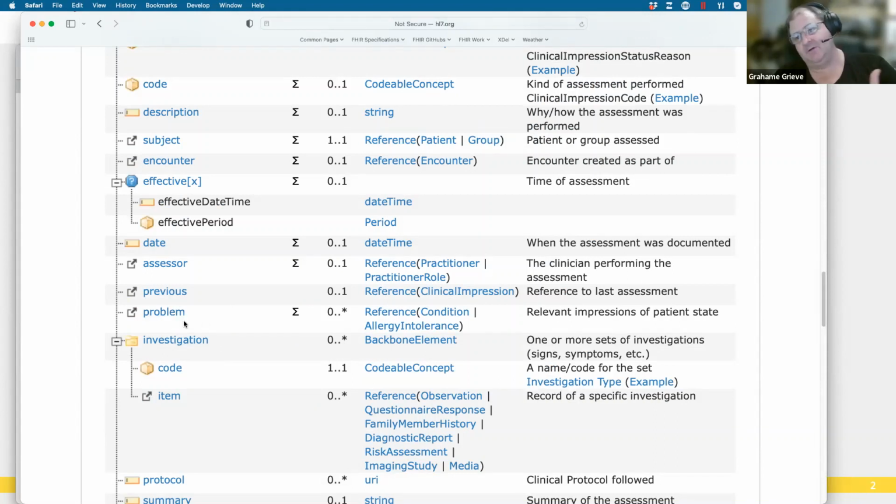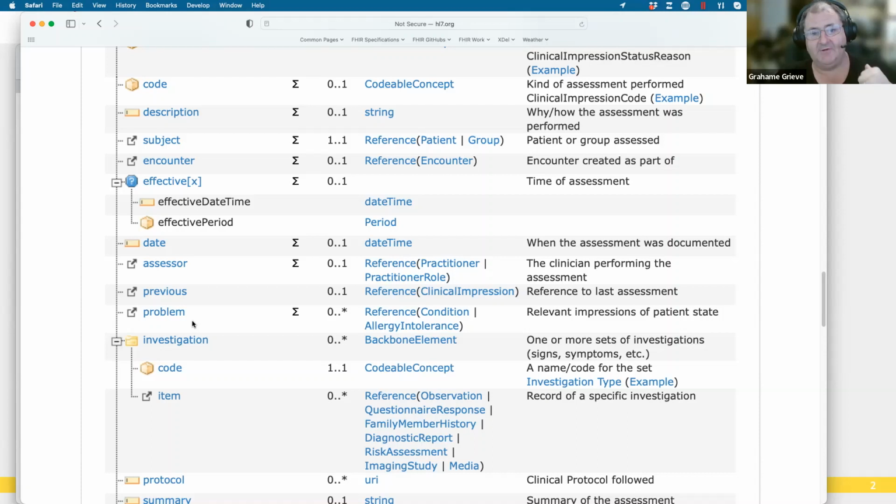Okay, fair enough. But the example I gave that you could do in composition, you can do a clinical impression specifically. But unless we say that we're going to create a resource for every one of these things, we need a generic way to assemble the logic of the relationship between them, in the things that aren't explicit in the resources but are the workflow you're doing using the resources.